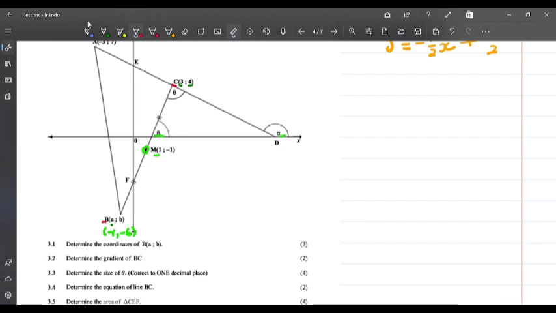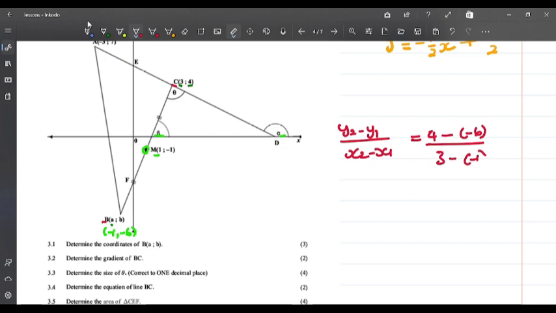So remember your gradient formula, y2 minus y1 over x2 minus x1, right? So I'm gonna use point C as well as point B. My y at C is 4 minus my y at B, which is minus 6, all divided by my x at C, which is 3, minus my x at B, which is negative 1.